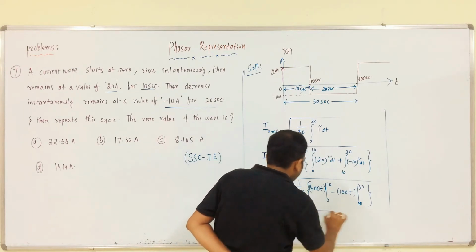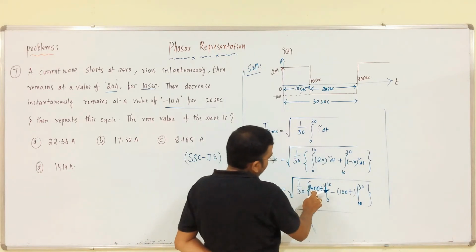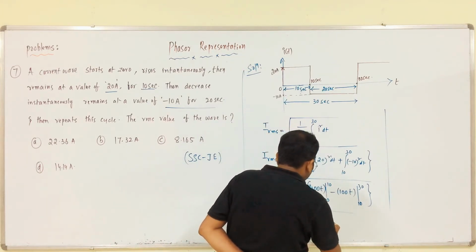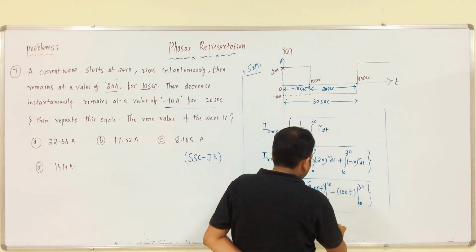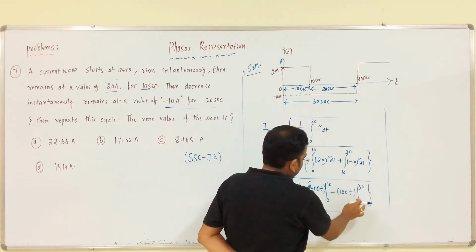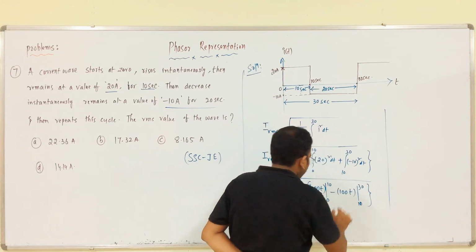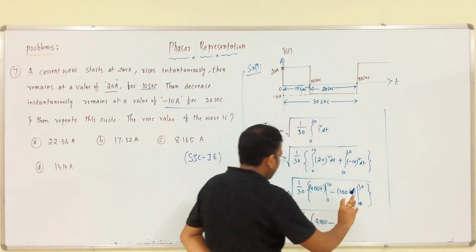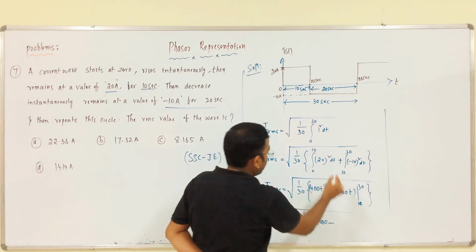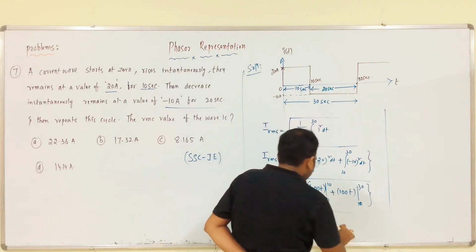So, IRMS equals 1 by 30, 400 into 10, 4000, clear. Minus here we have 10 and 30, that is 3000 minus 1000, 2000. Sorry, here we have plus, that is 2000.